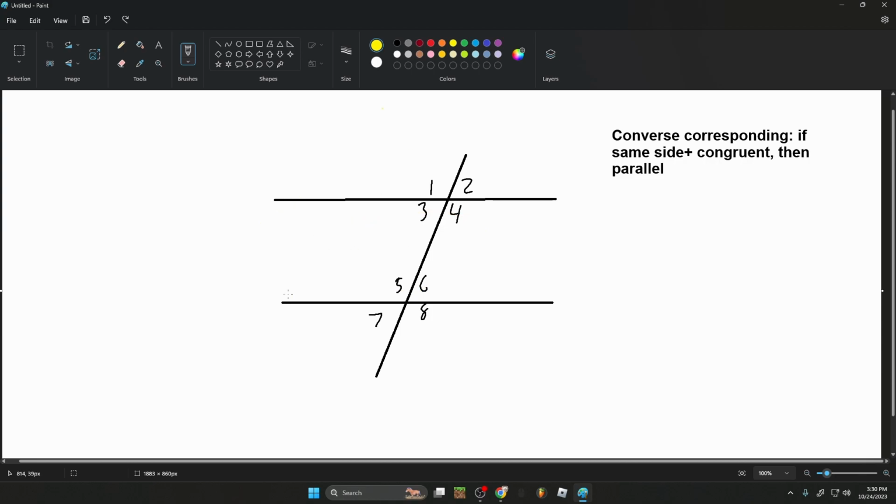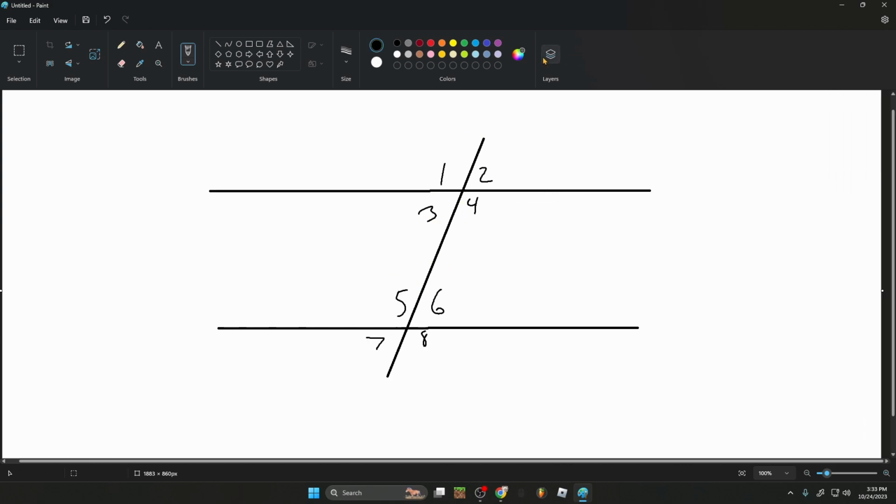So alternate interior tells you if these two angles are congruent or equal to each other, then they are parallel, as well as these two interior angles. I had to erase the text for a second.